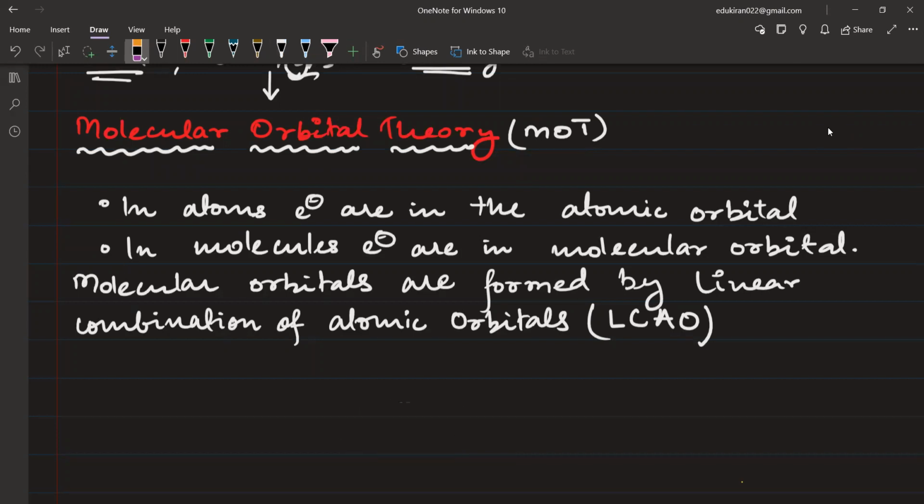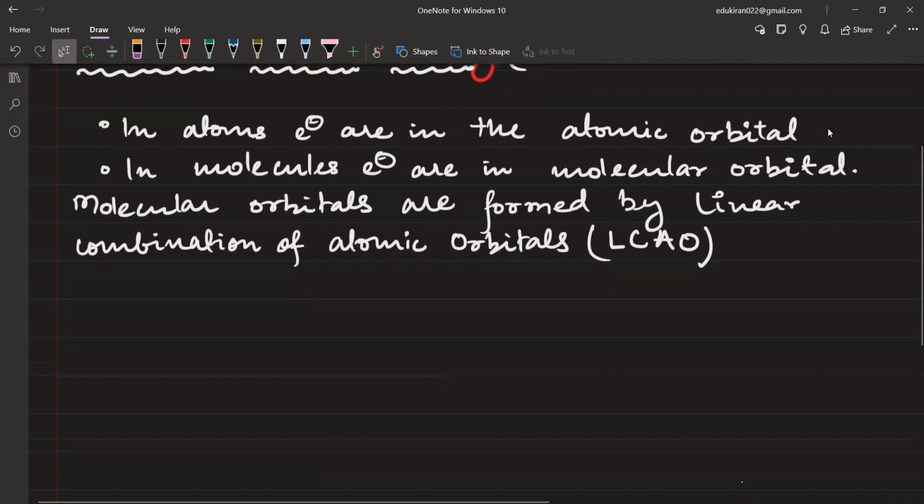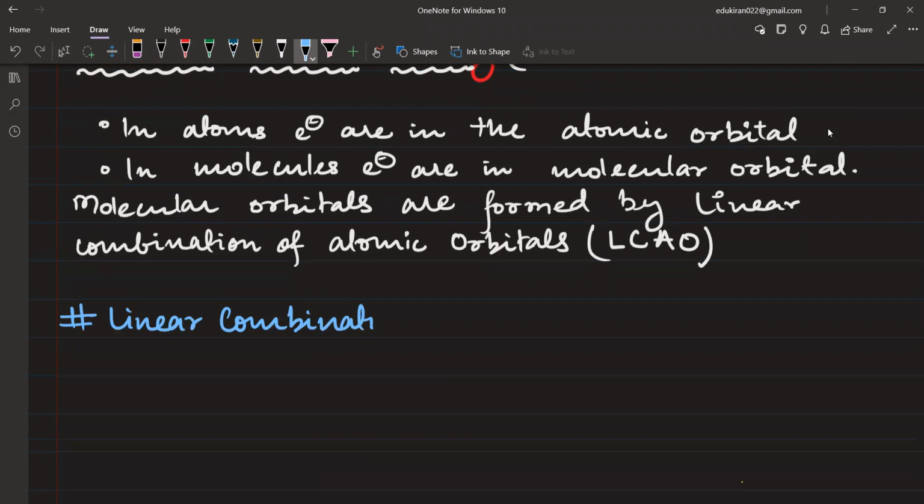Now we'll understand what is the linear combination of atomic orbitals. Please write the topic. Linear combination of atomic orbitals.